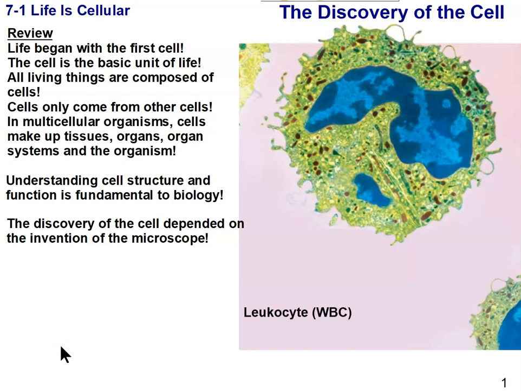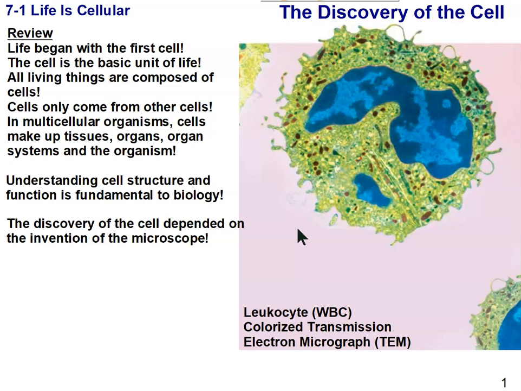So what we're looking at here is a leukocyte, which is a white blood cell, WBC. And this is a colorized transmission electron micrograph, TEM. And it's colorized because electron micrographs are grayscale. Electrons cannot confer color.